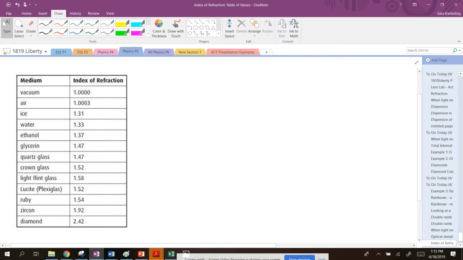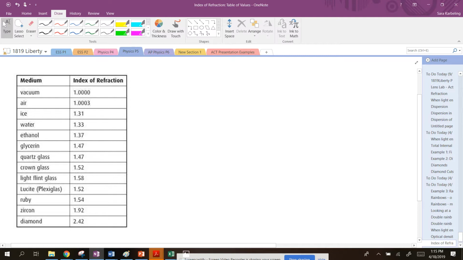You can see through all of them, which makes sense because we want to be able to send light through them. The really, really high ones, what do you notice about those kinds of materials? Solid, liquid, gas? Solid. They're all pretty dense. Solids are going to be more dense.